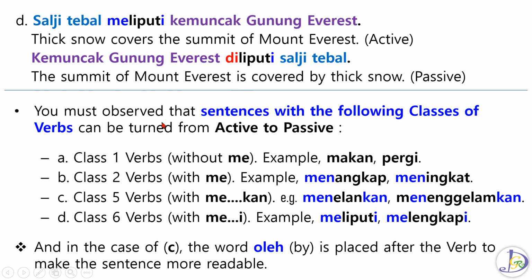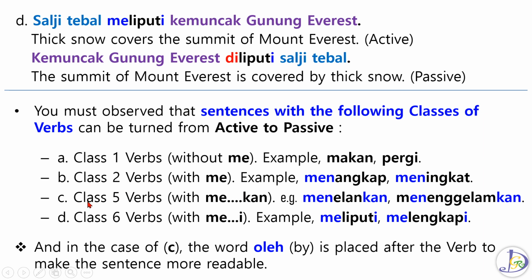You must observe that sentences with the following classes of verbs can be turned from active to passive. A. Class 1 verbs without me. Example, makan, pergi. B. Class 2 verbs with me. Prefix me. Example, menangkap, catch. Meningkat, increase.